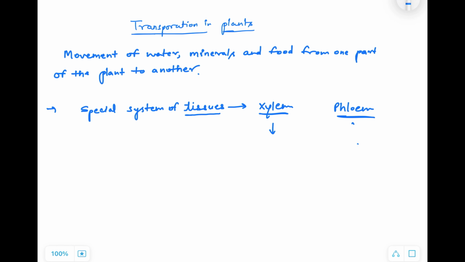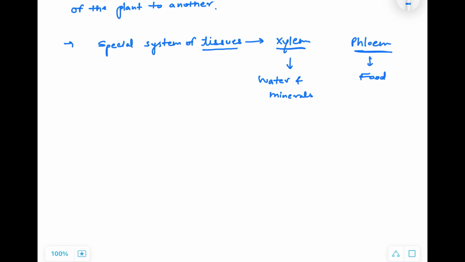Xylem helps in transportation of water and minerals, and phloem helps in transportation of food. Okay, so first we will learn about transport of water and minerals through xylem.